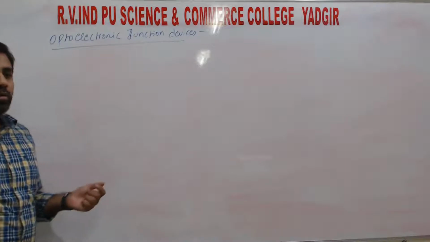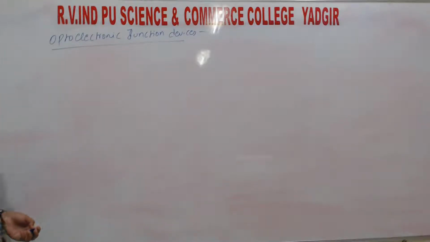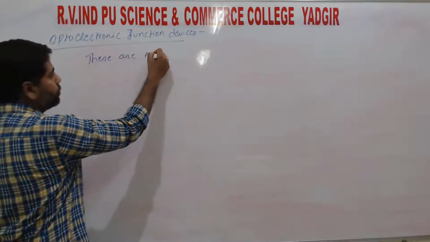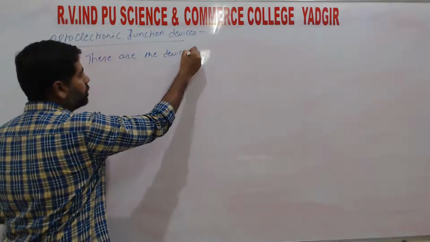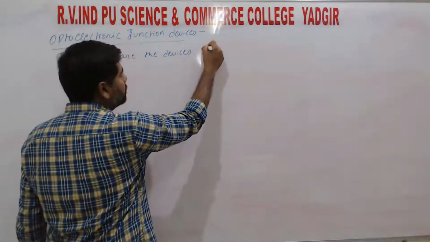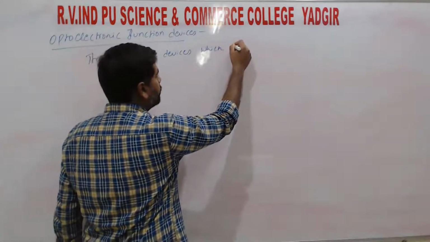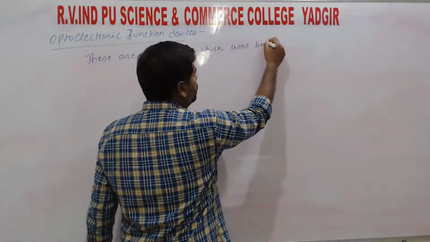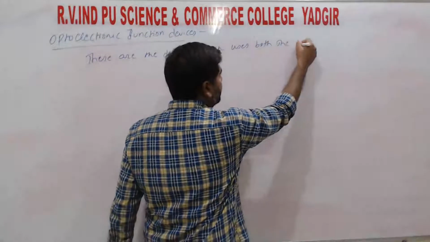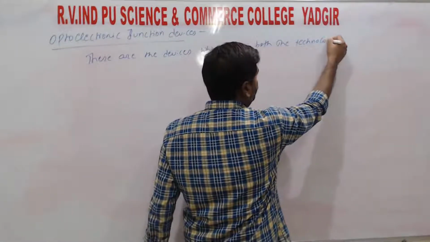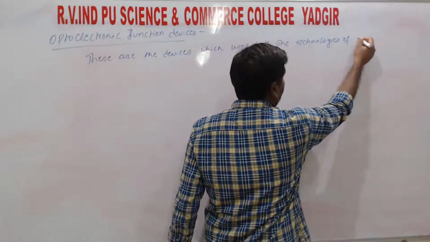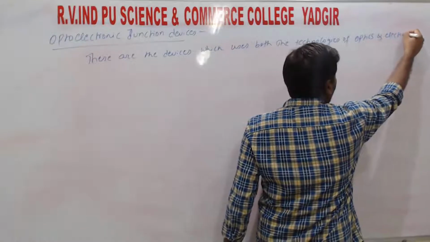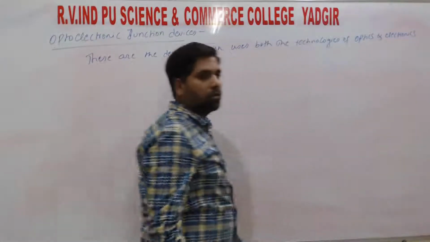Optoelectronic junction devices are the devices which use both the technologies of optics and electronics, right?